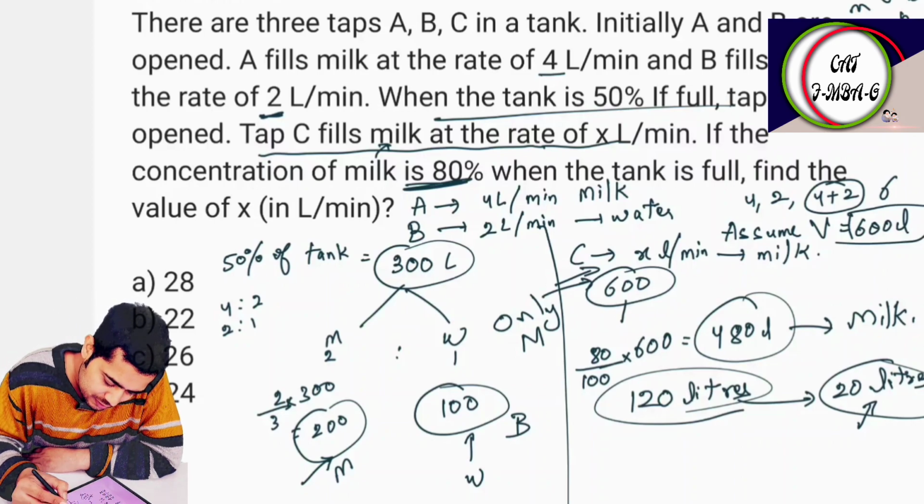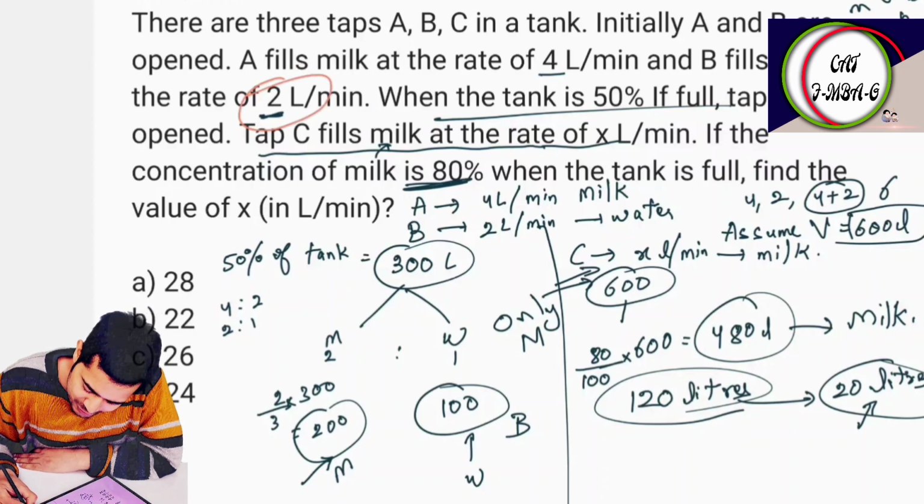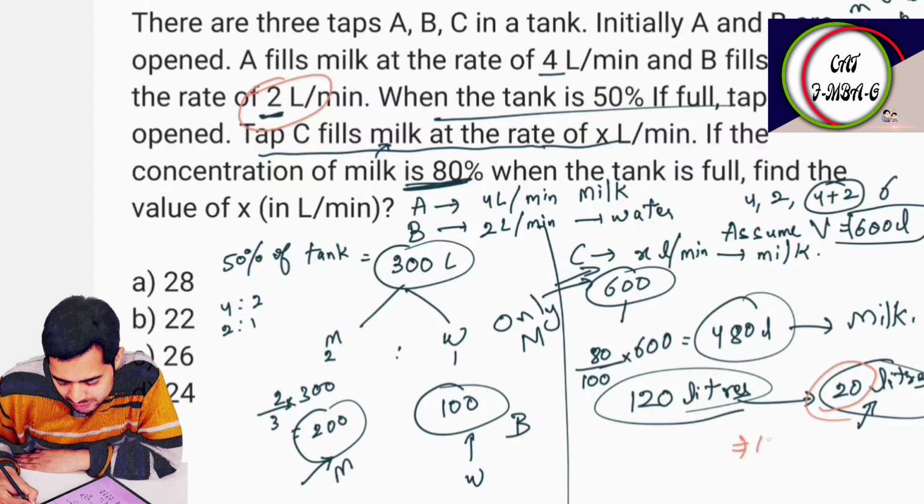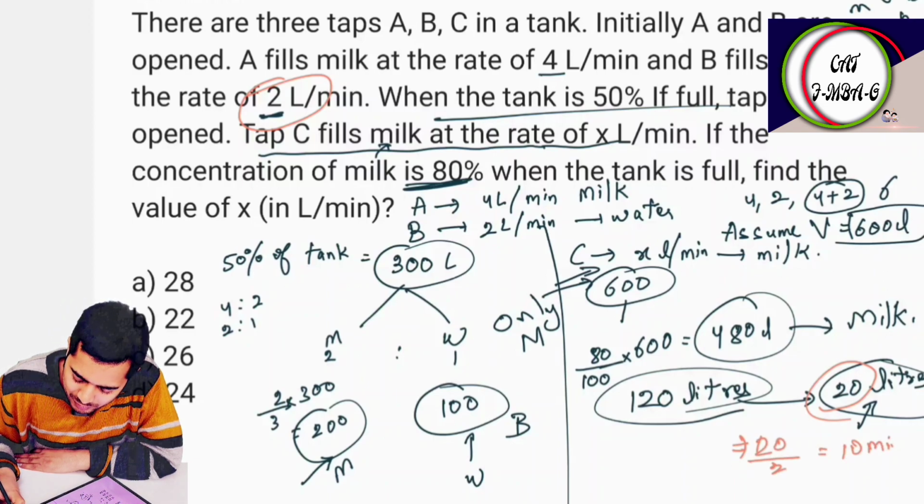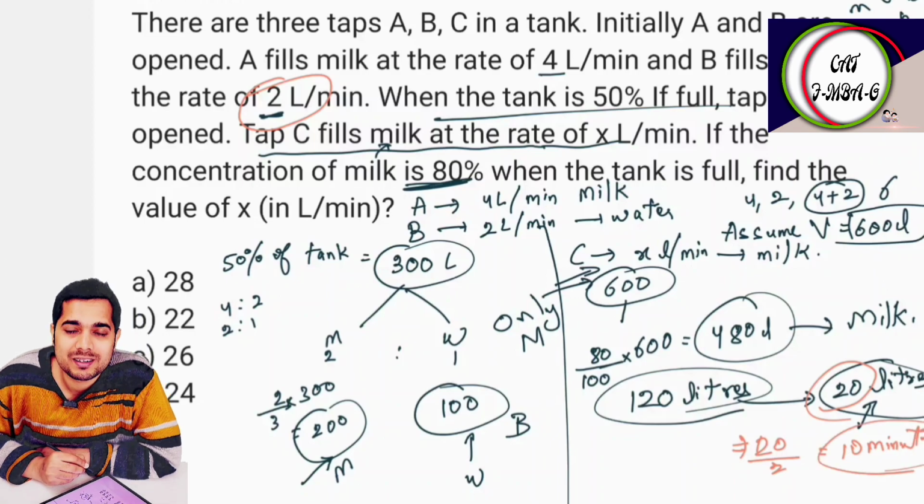It is given that the rate of B is 2 liters per minute. That implies how much time B would have taken for this? 20 by 2, 10 minutes. Simple. B would have taken 10 minutes to fill it.